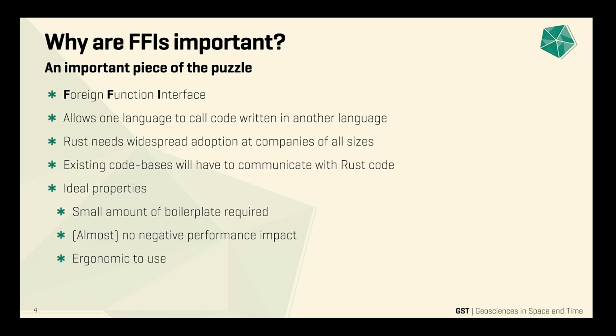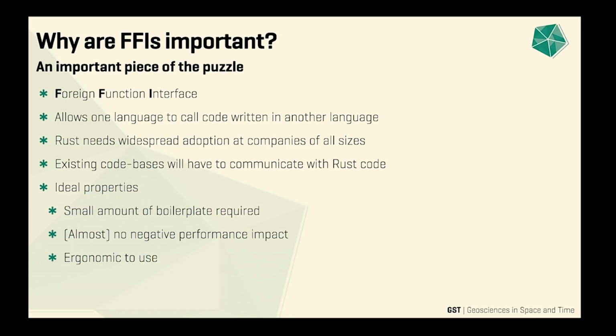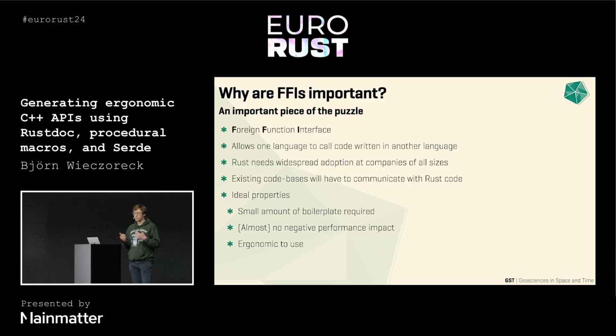And that is specifically important for a language like Rust, which is still in the process of spreading throughout the industry, throughout use cases, because most of the time when you try to introduce Rust at your company, you won't be in the position to start a project from scratch, but you will most likely have to interface with an existing code base. And C++ is pretty popular, so this is some code that you will have to interface with on a regular basis.